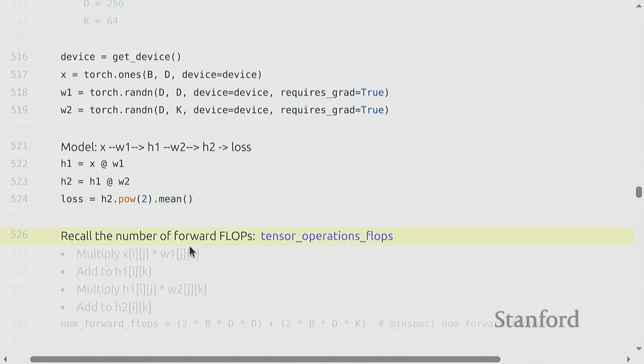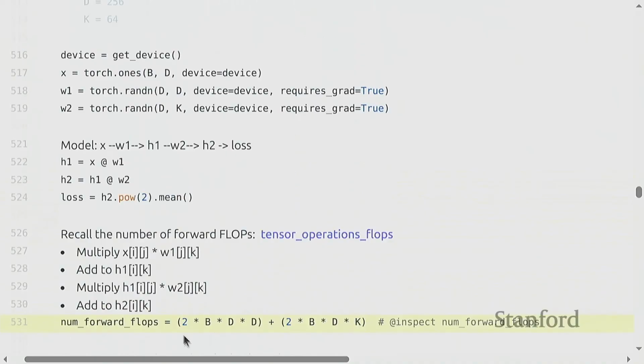And just as a review, if you look at the number of forward flops, you have to multiply x by w1 to get h1, and you have to multiply h1 by w2 to get h2. So the total number of flops, again, is 2 times the product of all the dimensions in your matmul plus 2 times the product of dimensions in your matmul for the second matrix. In other words, 2 times the total number of parameters in this case.